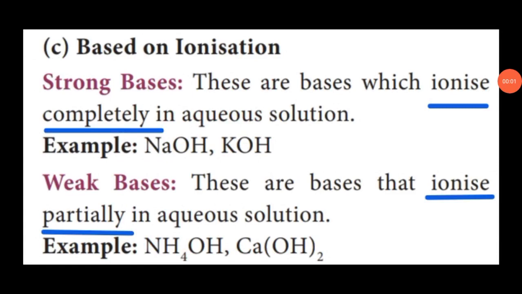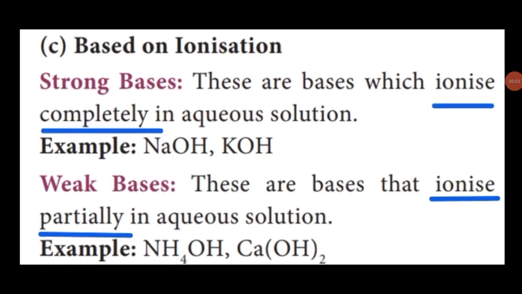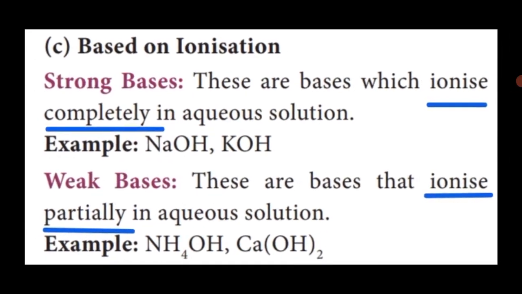Let's see another type of classification of bases, based on their ionization. Based on ionization, bases can be classified into two types: strong base and weak base. What is a strong base? These are bases which ionize completely in aqueous solution. Example, NaOH and KOH. Both bases dissolved in water ionize completely, so these are called strong bases.